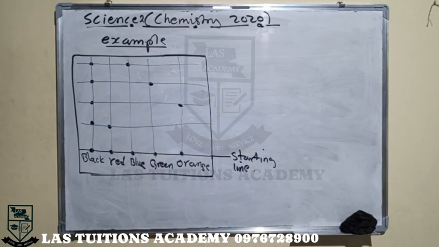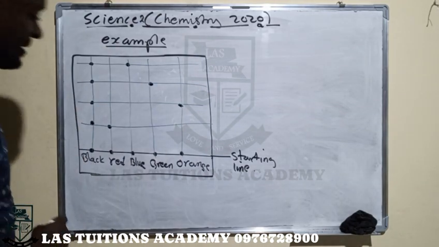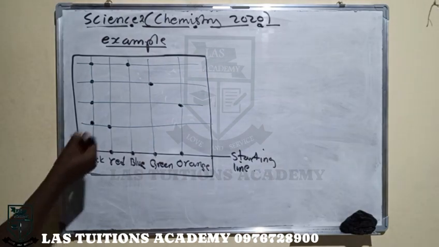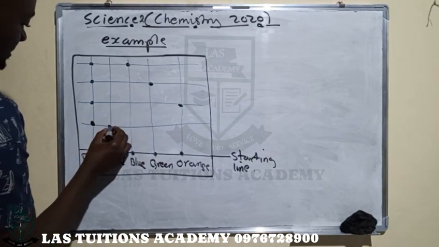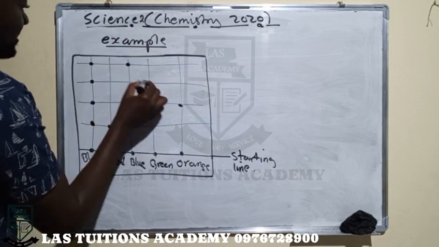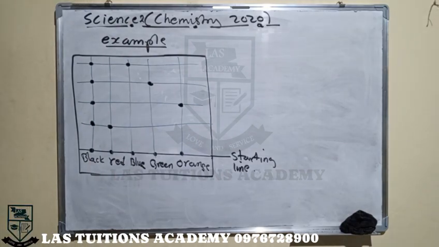So one thing we need to understand is that spots that travel the same distance are made up of the same substance. All the spots that have traveled the same distance are made up of the same substance.